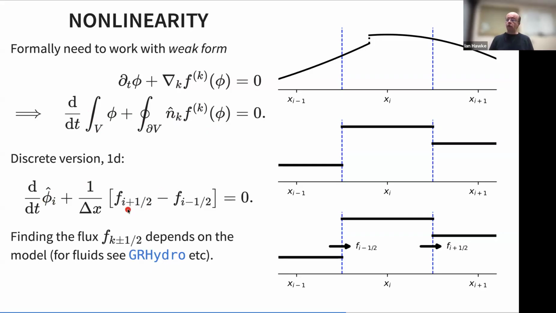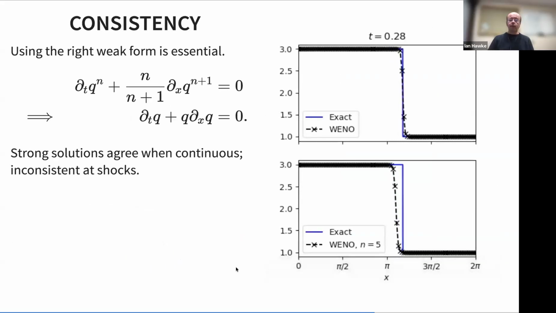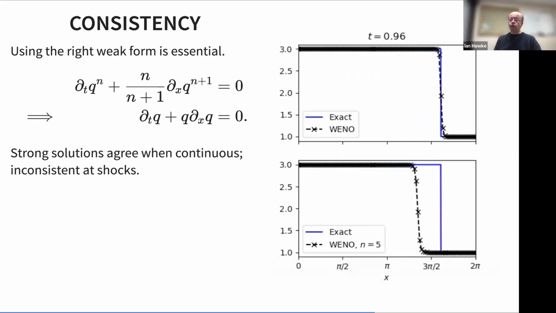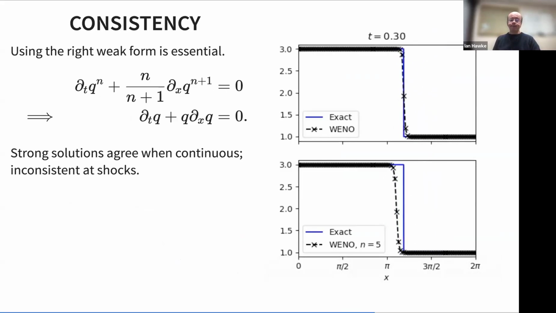What we need to do in order to solve for fluids is both use non-oscillatory reconstructions like WENO and also find an appropriate way of calculating the flux through cell boundaries here. And this is done in all of the toolkit codes like GRHydro. Now, it is absolutely essential that you can treat shocks appropriately.